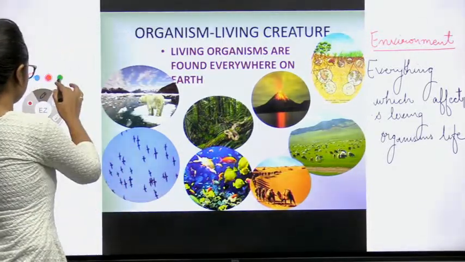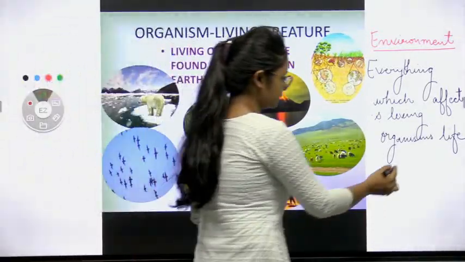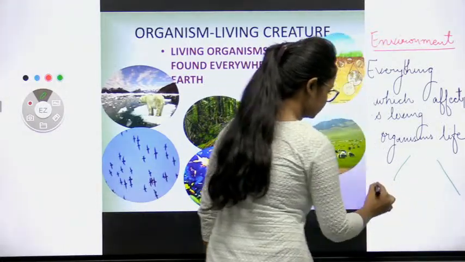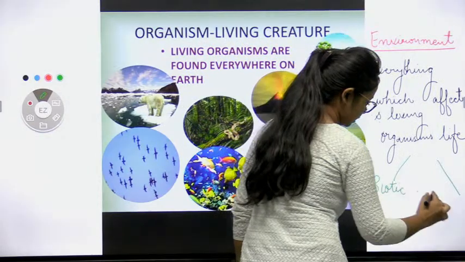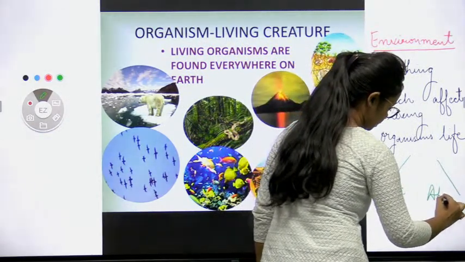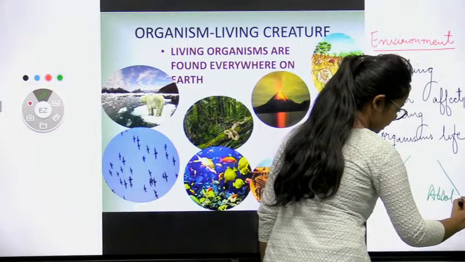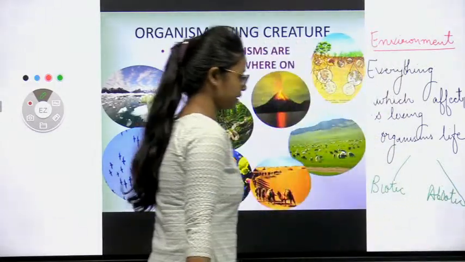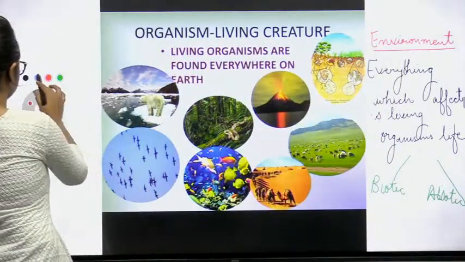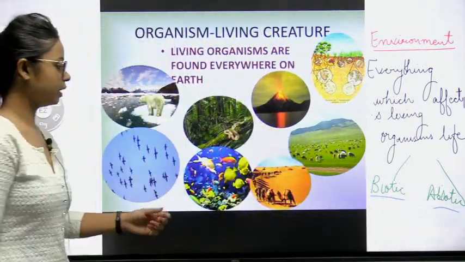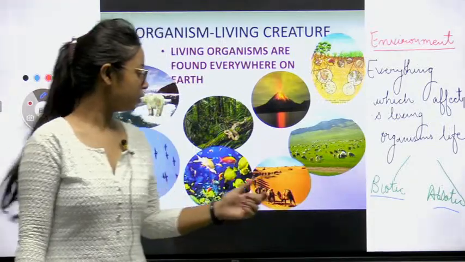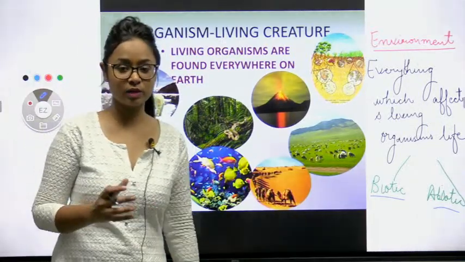Now, in an environment, there are two types, that is biotic and abiotic. Clear? Now, what is included in biotic components? Biotic components are the components which are living.